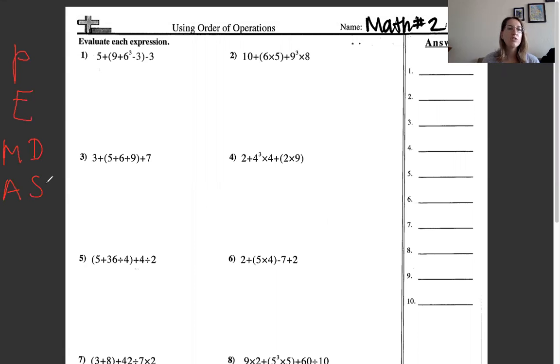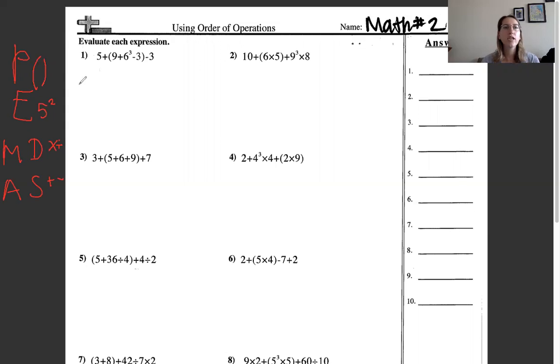Remember, that stands for parentheses, then exponent, which remember is the baby number, multiplication and division, and then addition and subtraction. The reason MD and AS are written side by side is that when you see those and that's all that's left in the problem, you just move left to right. Okay? So we're going to start up here with problem number 1.